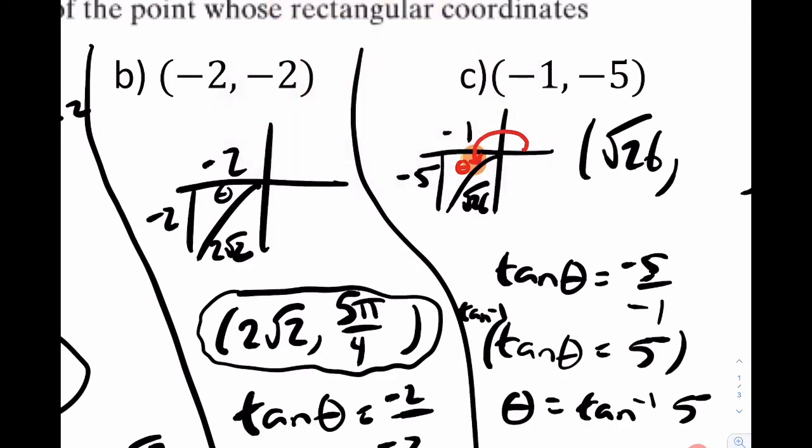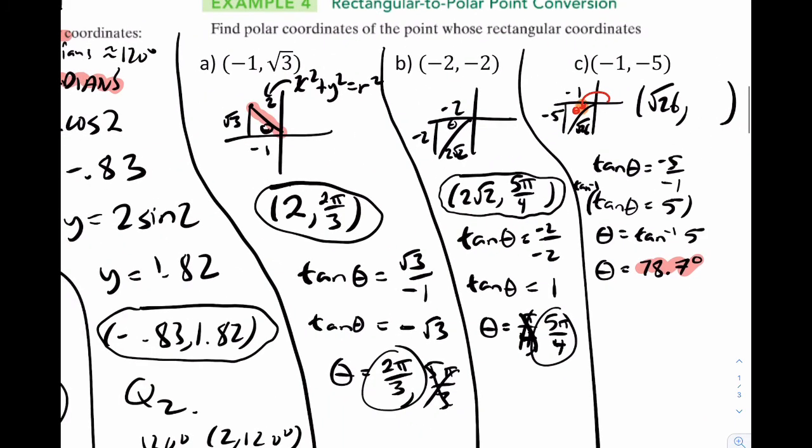Right here. So to get the full rotation, what you're going to have to do is simply add 180 to this. So again, you have a calculator, so you could do it by hand, but if you have a calculator, just type it in. 180 plus 78.7, you get 258.7 degrees. So for the calculator ones, you got to be a little creative, because you have to kind of think about how to get the rotation you want.